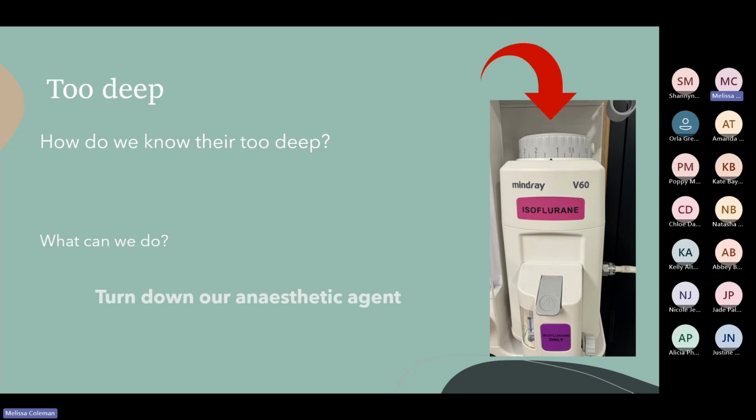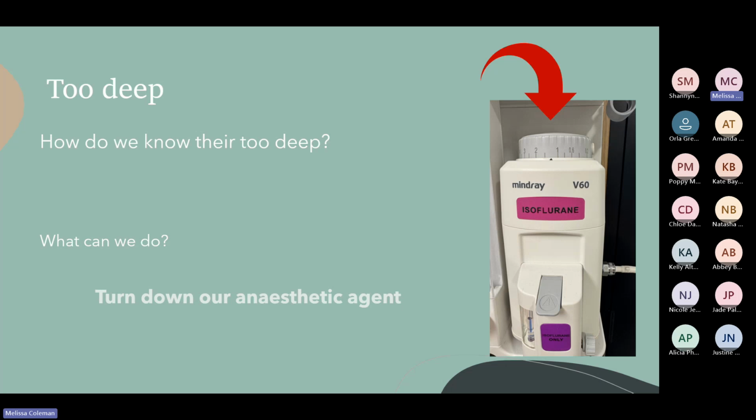That is going to be one of our biggest factors in any GA, our ISO. It's really important to know our minimum alveolar concentrations for these drugs. That is the concentration at which 50% of animals in a study, gassed down with ISO and kept on a set amount, did not react when they had their tail clamped, which is really mean.